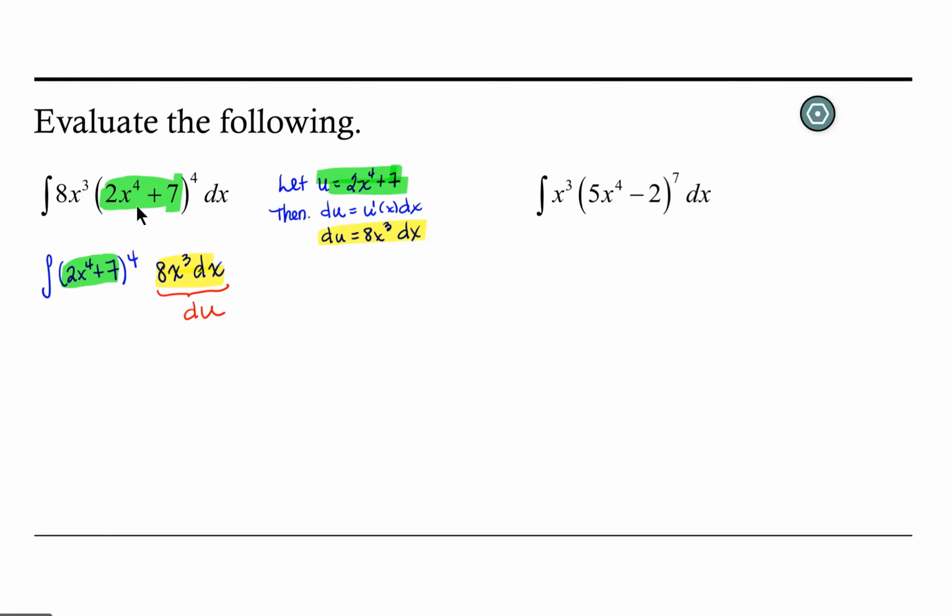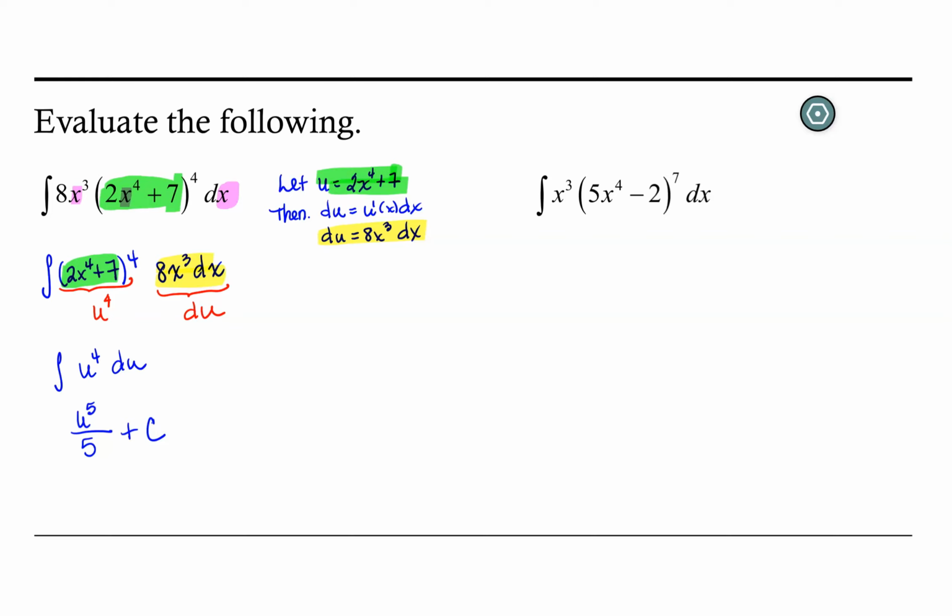So the quantity 2x to the fourth plus 7 raised to the fourth power is going to be replaced by u to the fourth power. So my new indefinite integral is simply u to the fourth power du. And this is a much simpler integral to integrate. The antiderivative here being u to the fifth power over 5 plus our constant of integration.